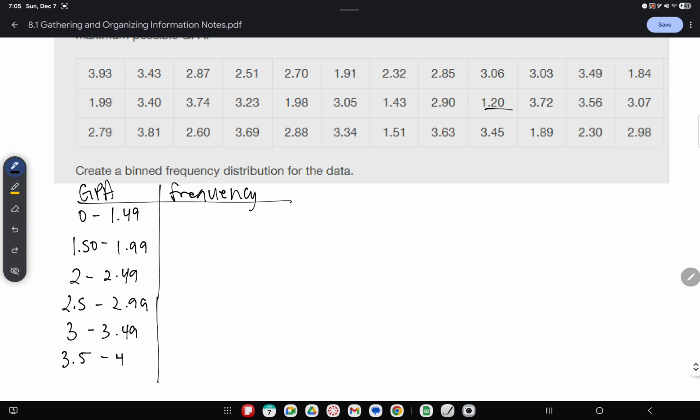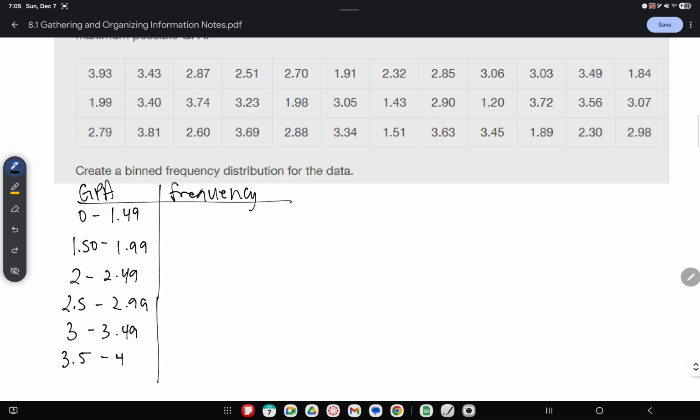Could go smaller, but I guess typically halfway in between them would be a good idea. So now let's just find all the numbers that are between each interval.